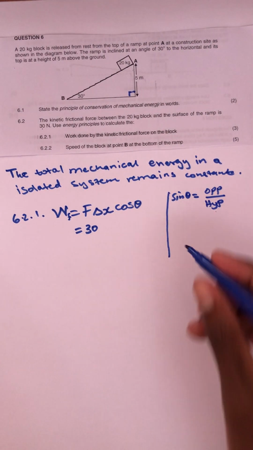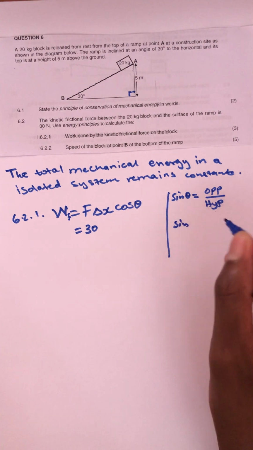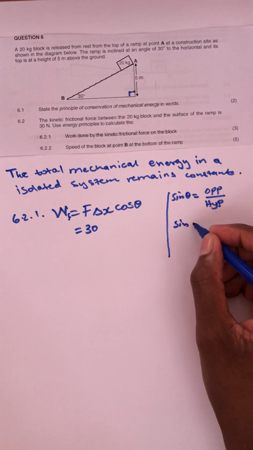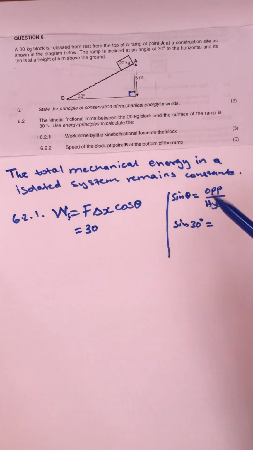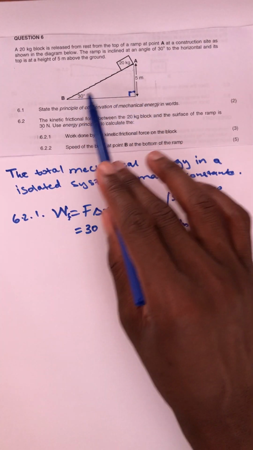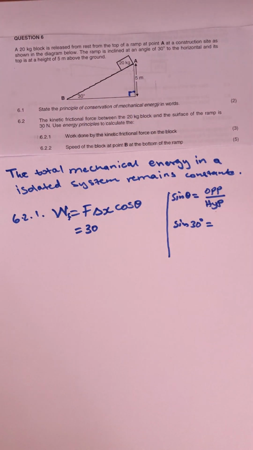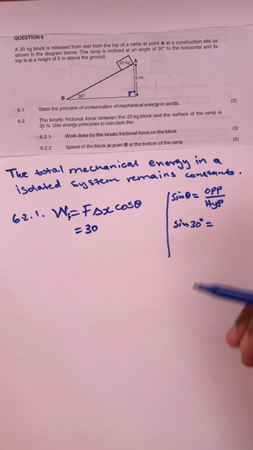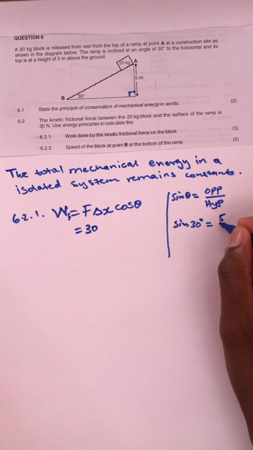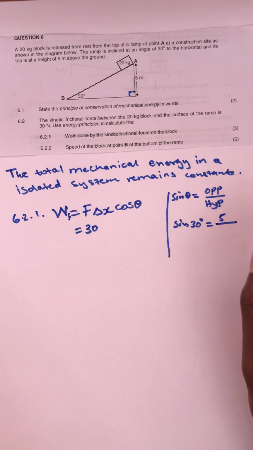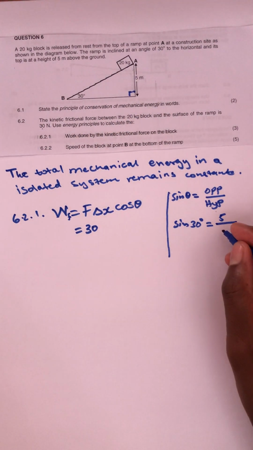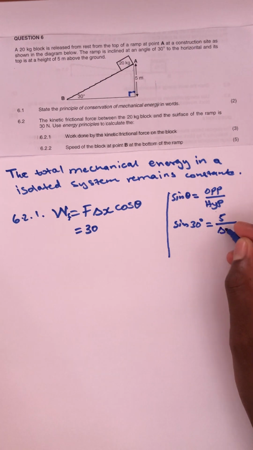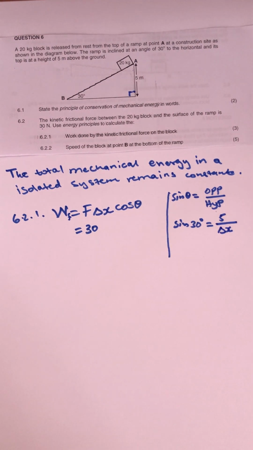So sine of the given angle, 30 degrees, is equal to the opposite side, which is the perpendicular height, 5 meters, over the hypotenuse, which is the distance between A and B. We can call it change in x.